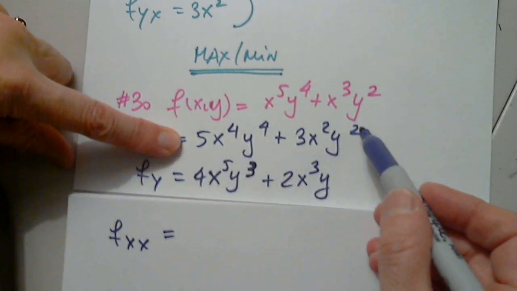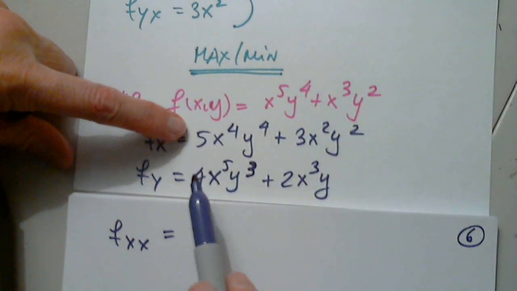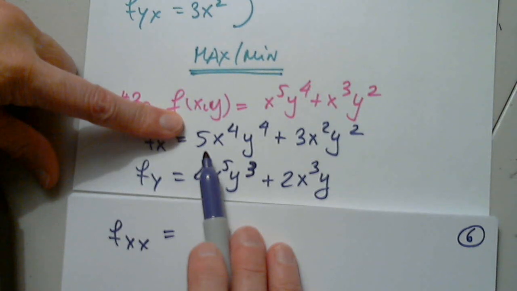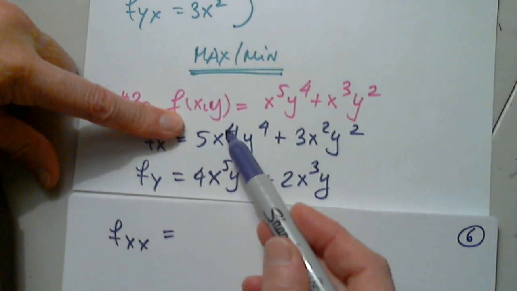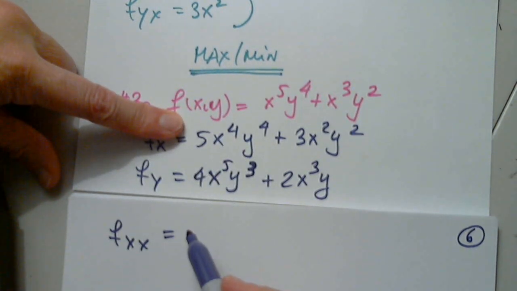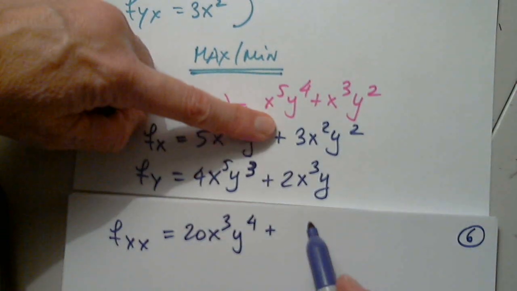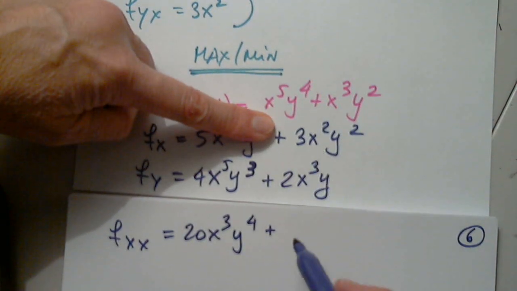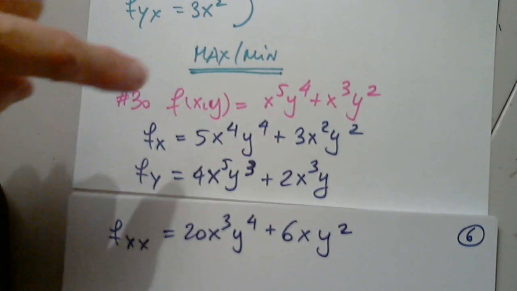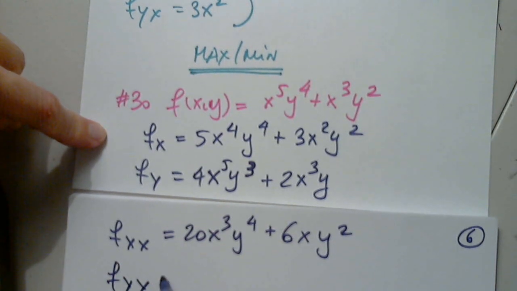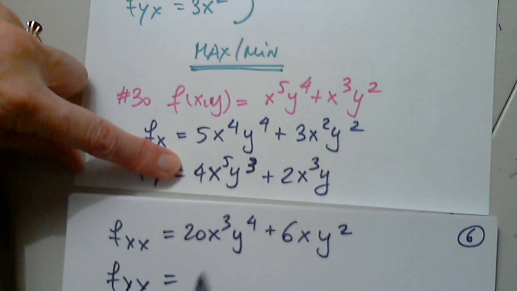We're differentiating this again with respect to x. 20x to the third, yes, y to the fourth plus 6x y squared. Excellent. fyy. This again with respect to y.